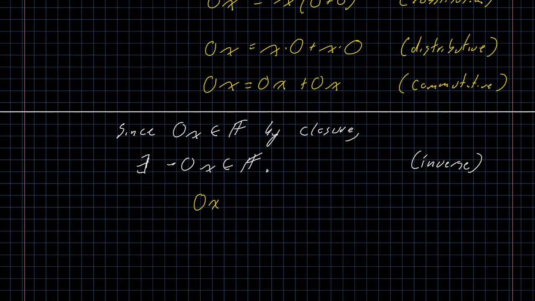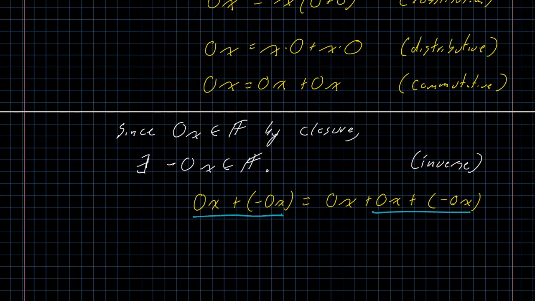So I should be able to add the opposite of 0x to both sides of the equation. And then, using the associative property, I can choose to evaluate that bit first. And any number plus its opposite is 0. That's the definition of the inverse.